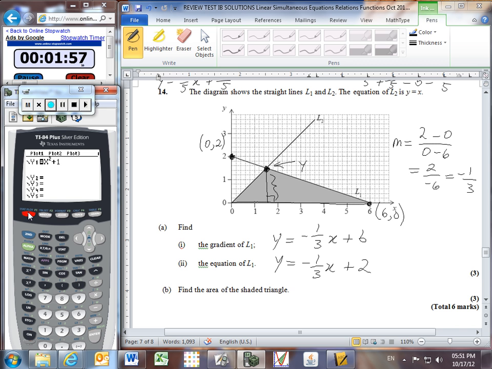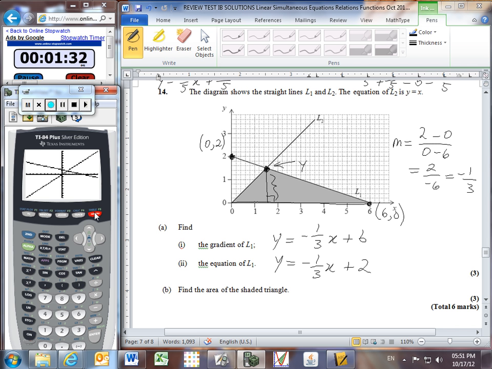Okay, I'm going to go into y equals, and I'm going to put in my first equation, which is L1, -1/3 x plus 2. And my second equation, y equals x. And let's find the intersection of them. There's my first one.